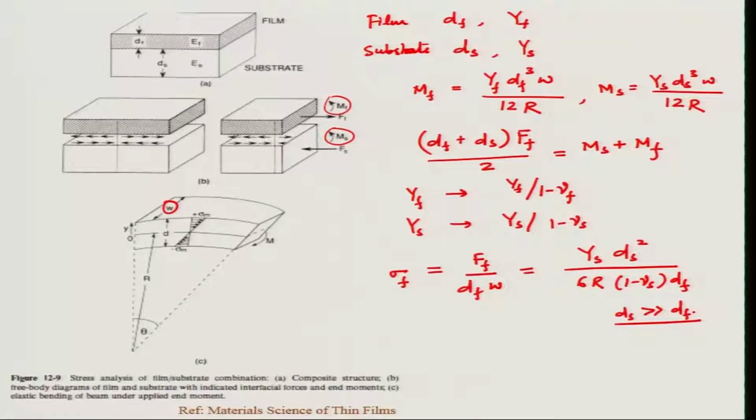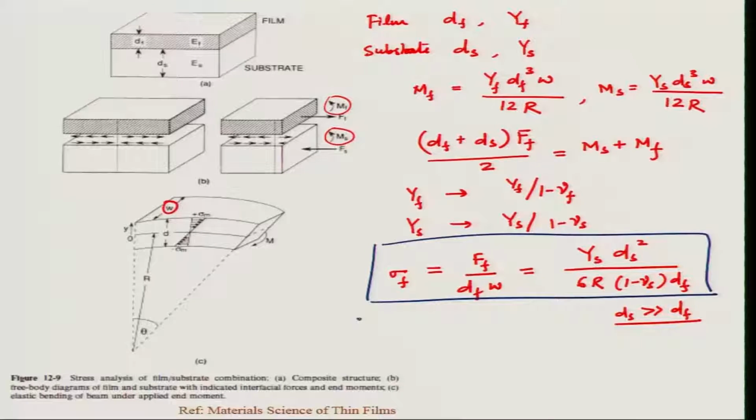So this expression is called Stoney's formula, and this can be used by measuring R and knowing these constants.